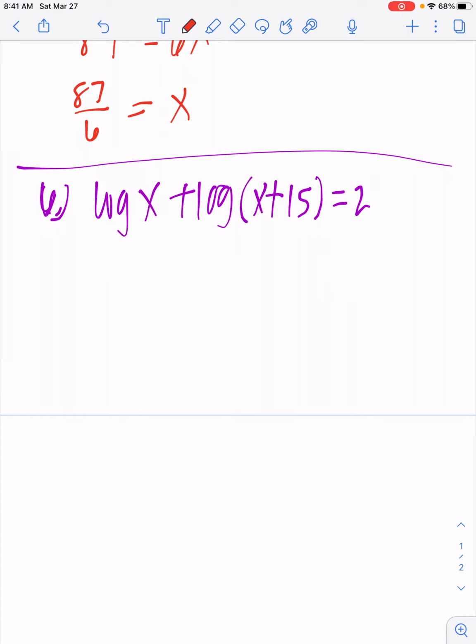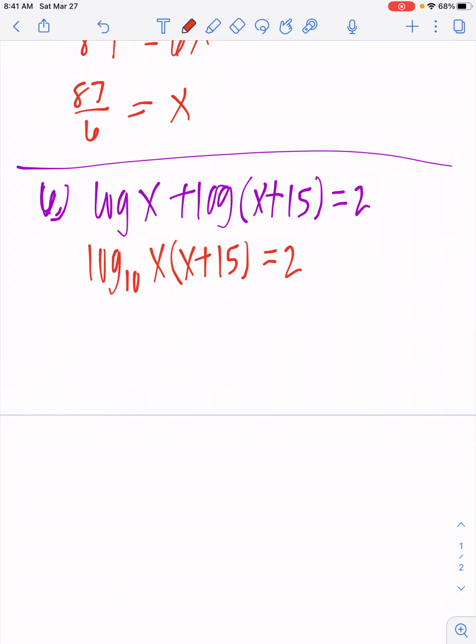If I've got 2 logs or more, right, and I need to figure out what that x is, I need to get it out of log form. So maybe there is a way that I could condense these logs first. So it's a plus sign, so I can use the product rule. And remember, if this doesn't have a base, you can say it's log base 10. So this is the same as log base 10, and then I can rewrite them as multiplication.